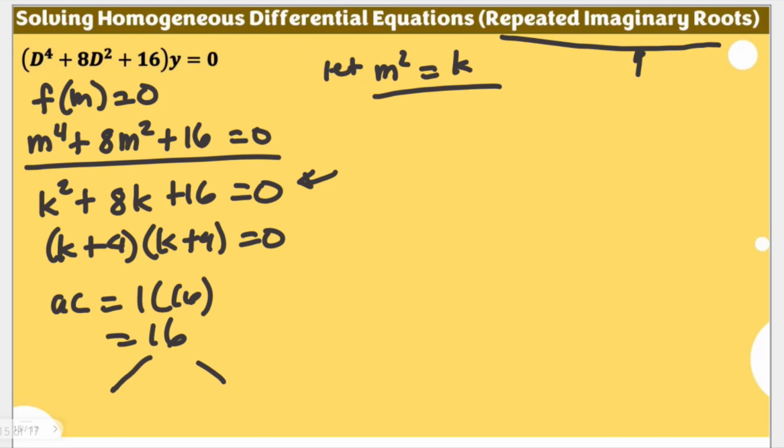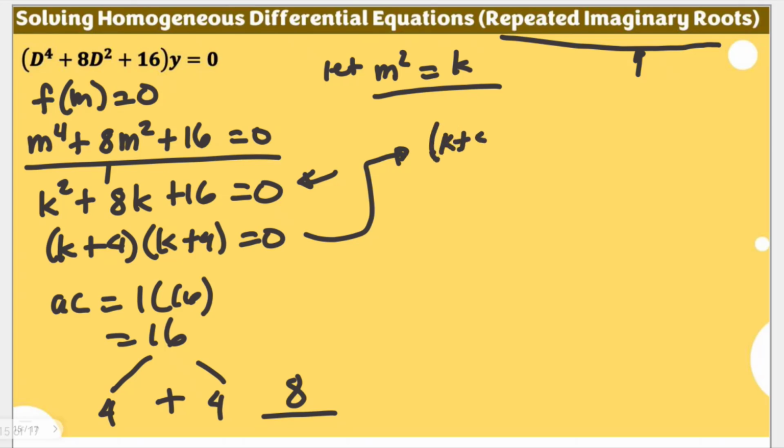Factors of 16 that add up to the middle term of 8: you have 16 times 1, 8 times 2, but definitely you will be using 4 and 4, because 4 times 4 is positive 16 and 4 plus 4 is positive 8, your middle coefficient. That's why we are using these as our factors. Again, k plus 4 times k plus 4 equals 0.